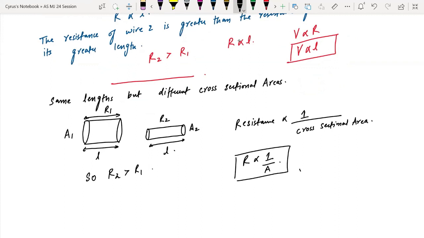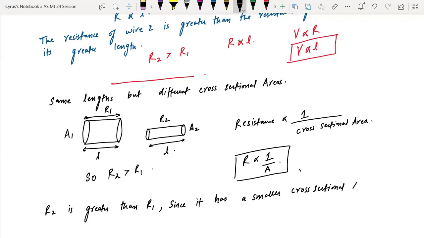Which one has a greater resistance among both of these? R2 would have a greater resistance, since it has a smaller cross-sectional area but the same length.